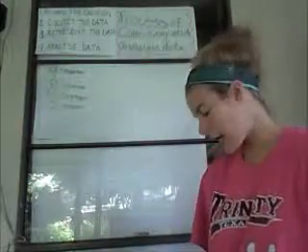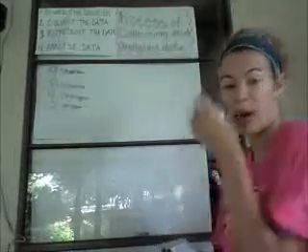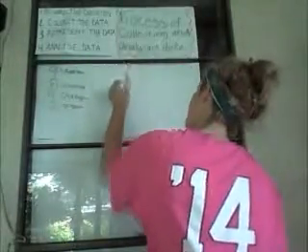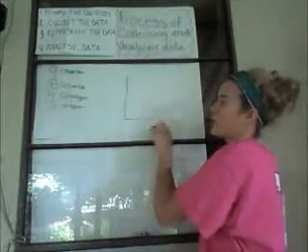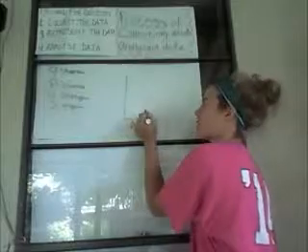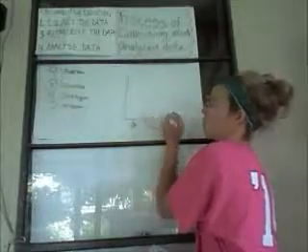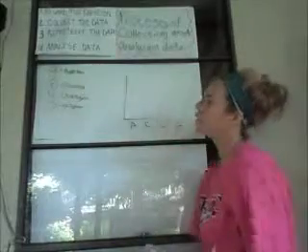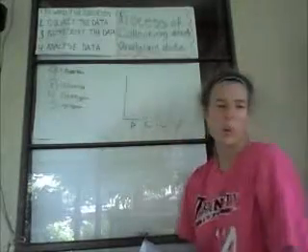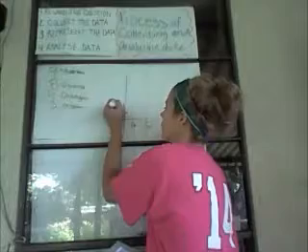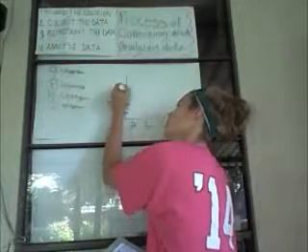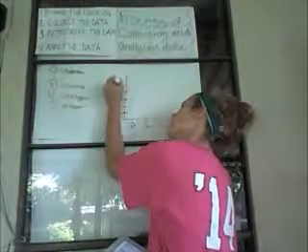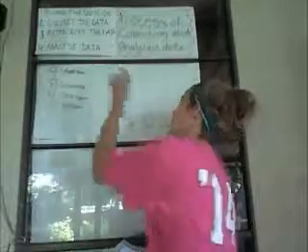Represent the data. So it says we need to use a bar graph. So, like I said, we're going to do our X and Y axis. Okay, and so our apples, cherries, oranges, so we'll just do A, C, O, and G. Okay, so now we need to see what we need to go by. So we can go by 2s. Let's do that. 2, 4, 6, 8, and 10.